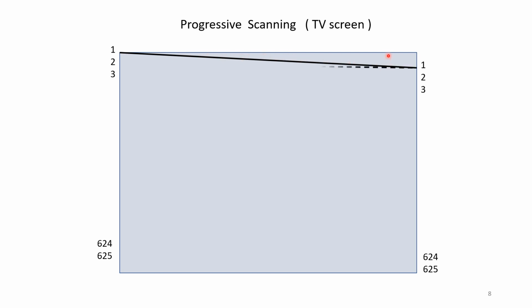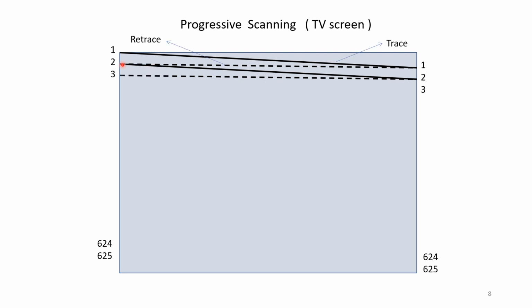So after reaching this particular point 1, it begins to move towards the left, and then from 2, again it begins to move to 2 and then to 3. Now look at this.